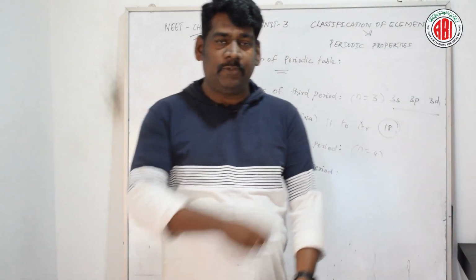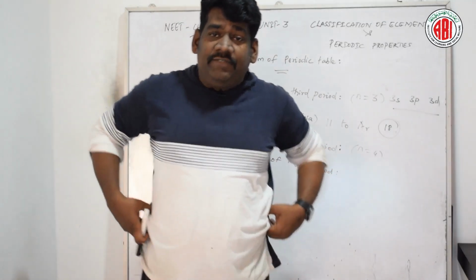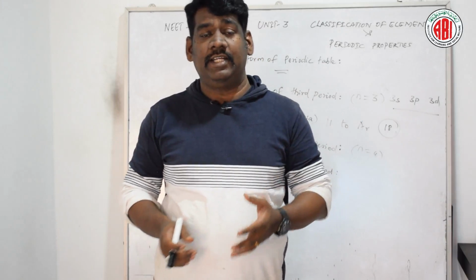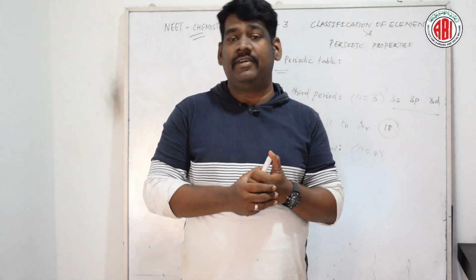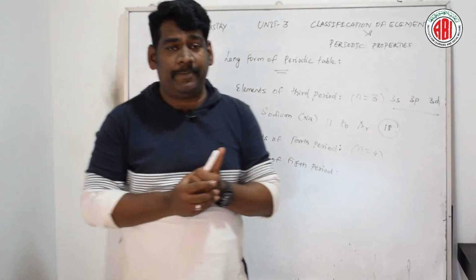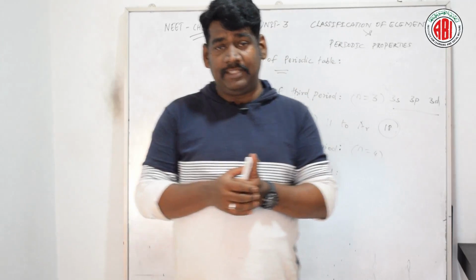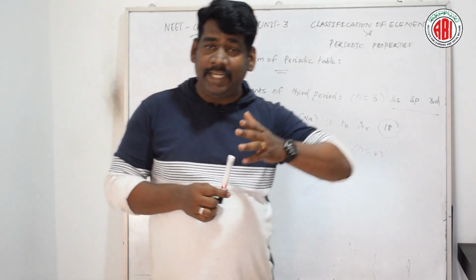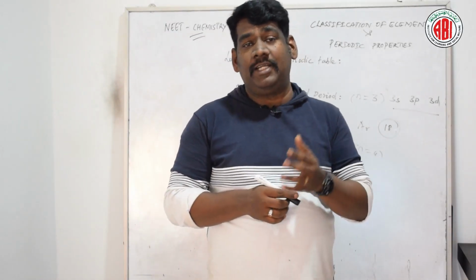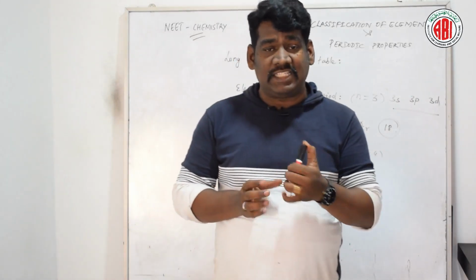Now let us talk about the elements of the seventh period. The seventh period is similar to the sixth period, with successive filling of the 7s, 5f, 6d and 7p orbitals, and includes most of the man-made radioactive elements. This period ends at the element with atomic number 118, which belongs to the noble gas family.